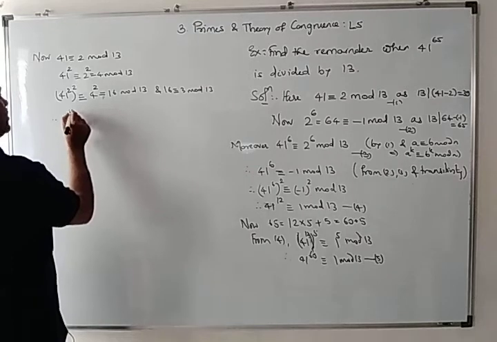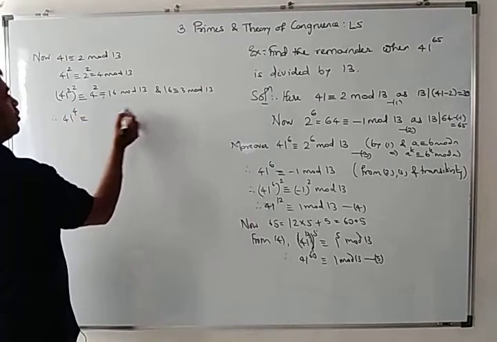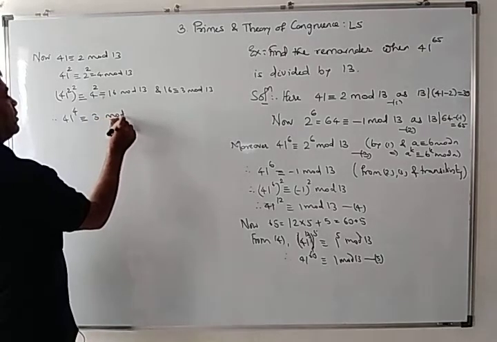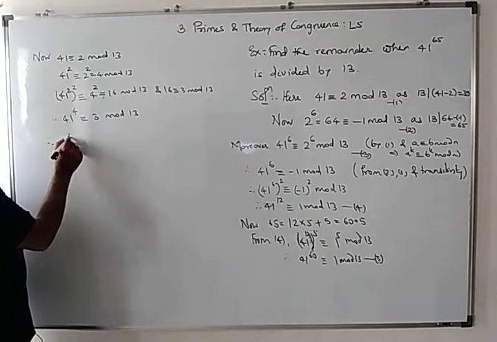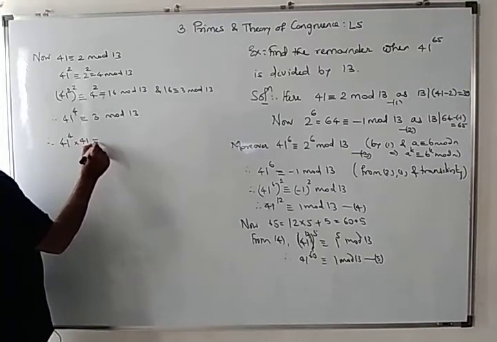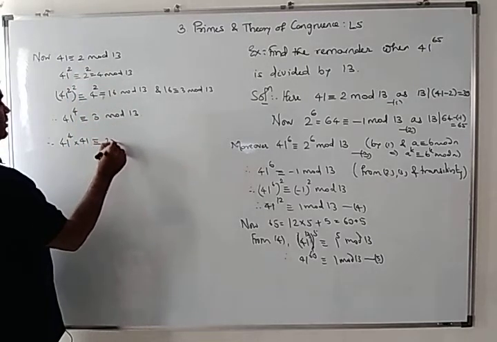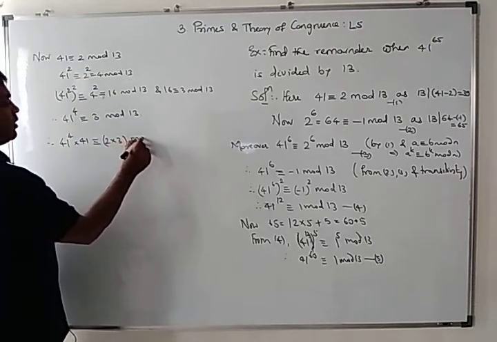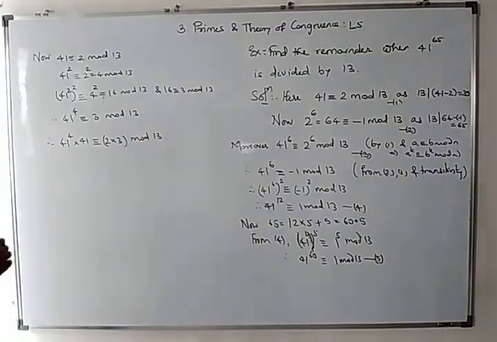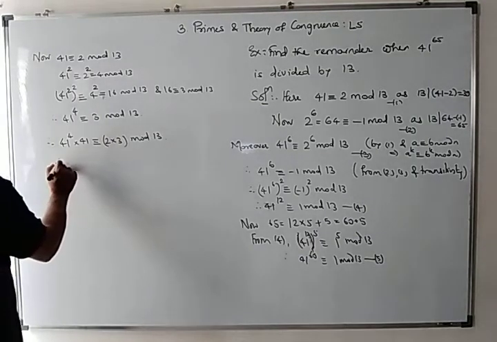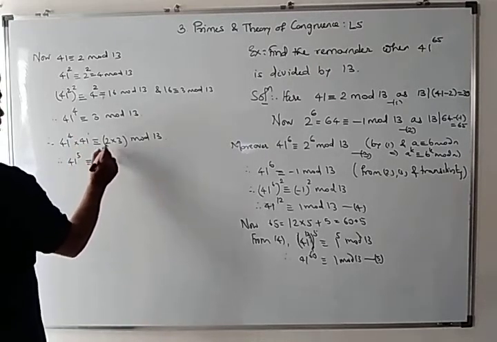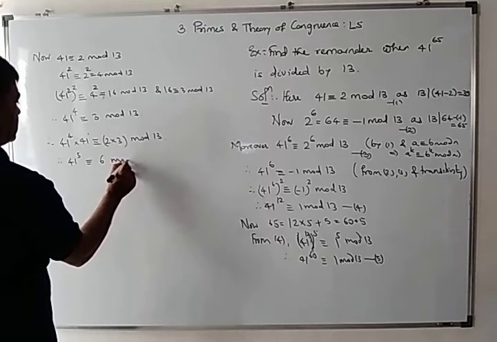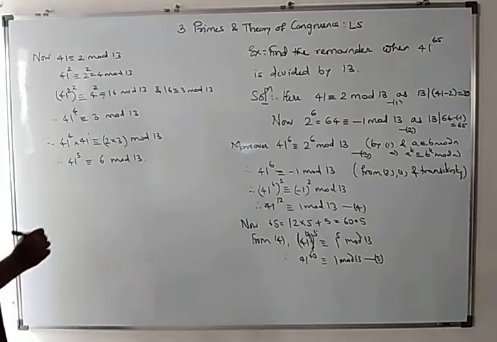Therefore, 41 raised to 4 is congruent to 3 mod 13. Therefore, 41 raised to 4 into 41 is congruent to 2 into 3 mod 13. Is it clear? Therefore, 41 raised to 5 is congruent to 2 into 3, which is 6 mod 13. This is your 6.